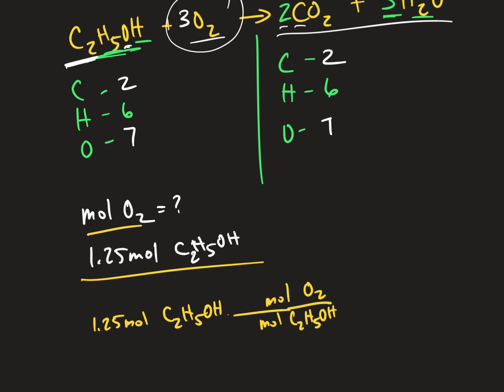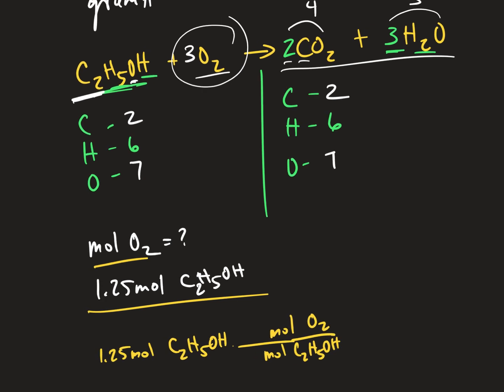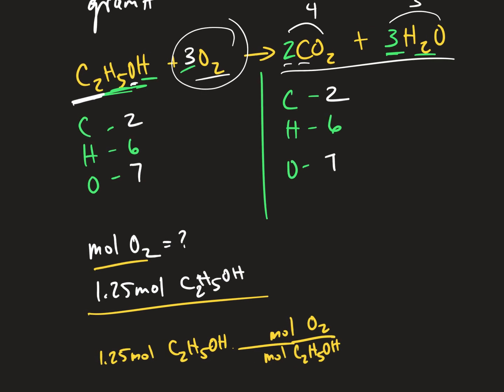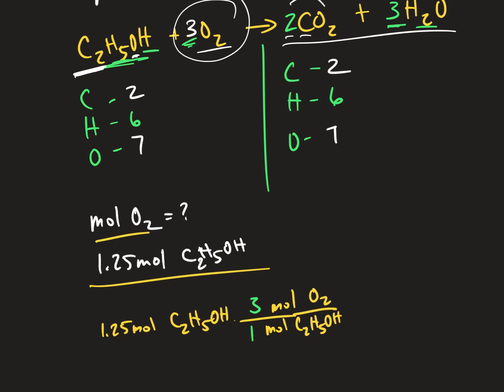And somebody tell me the mole-to-mole ratio here. How many moles of oxygen go on top? 3, because of the coefficient on our balanced equation right in front of oxygen. What goes on bottom? Just 1, because there's not a number in front of C2H5OH, right?